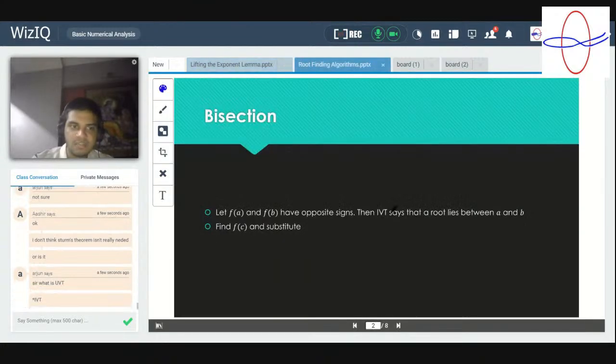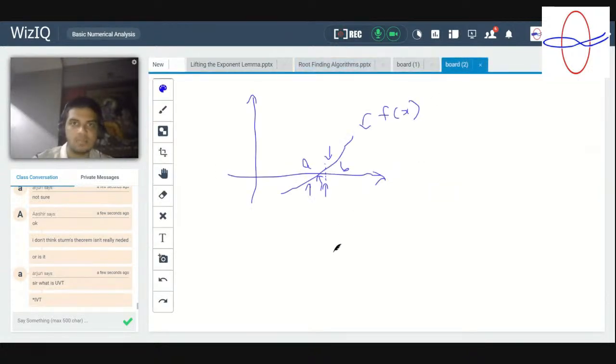IVT, intermediate value theorem. Intermediate value theorem is a pretty famous theorem. It states that for a continuous function which moves from A to B, if C lies between A and B, so let's say f of A is x.